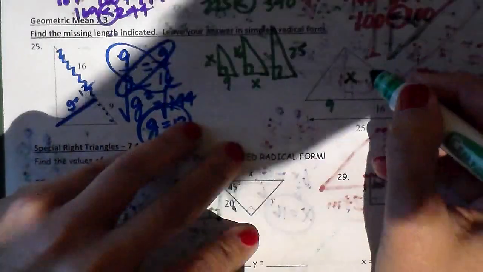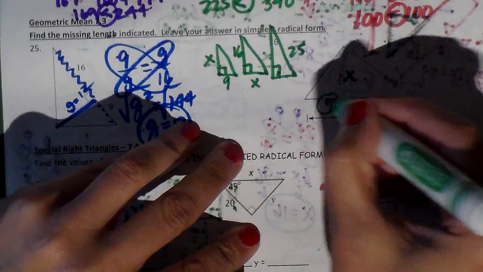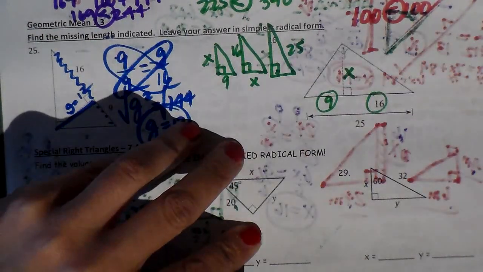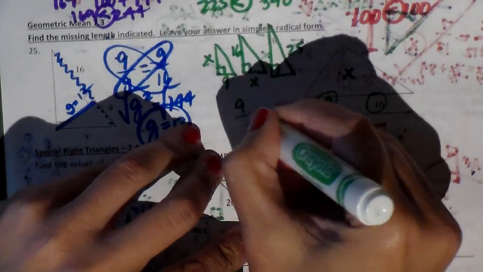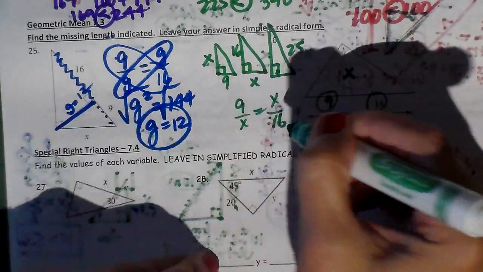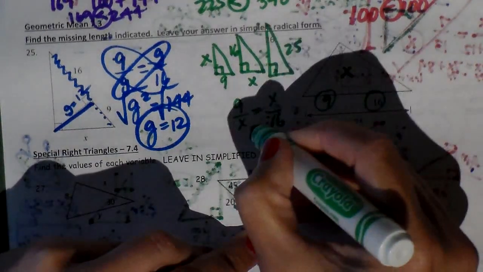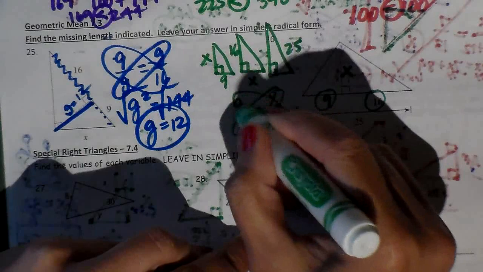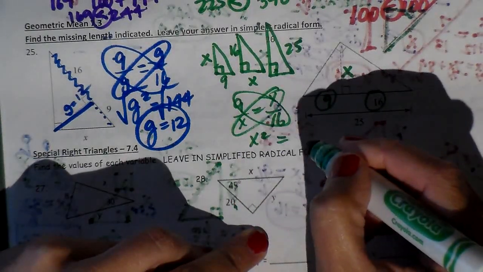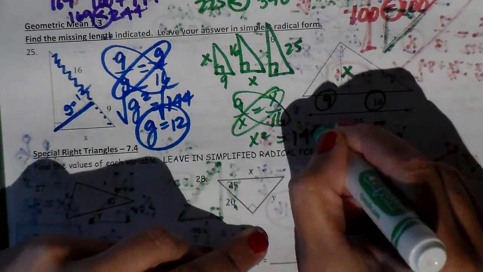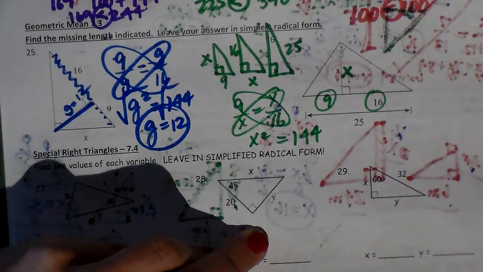So this is the geometric mean of these two guys. All right? So 9 over x equals x over 16. So I've got x squared when I cross multiply, again, equals 144. I don't know why they would give you the same value, but they did.